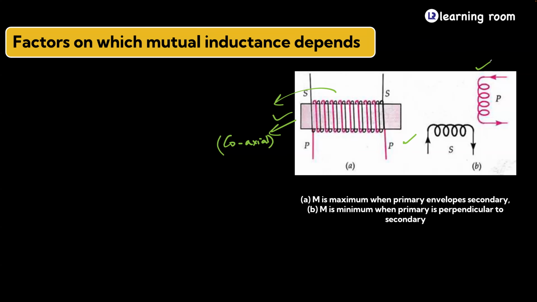Coaxial or perpendicular? You'll choose coaxial because mutual induction is maximum. Why is it maximum? Because the flux produced due to the first is completely linked with the second, and the flux produced due to the second is completely linked with the first. You can just draw these diagrams and make a note.